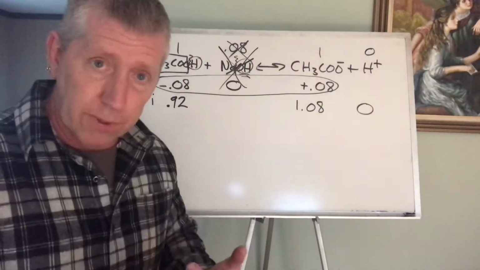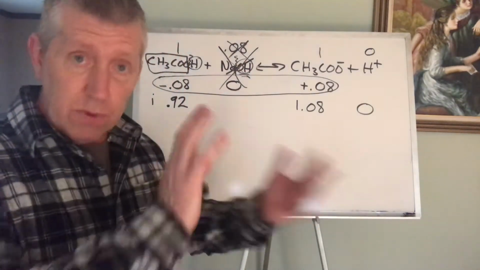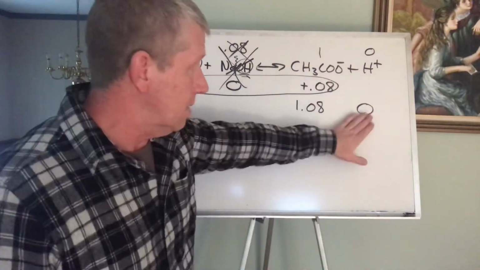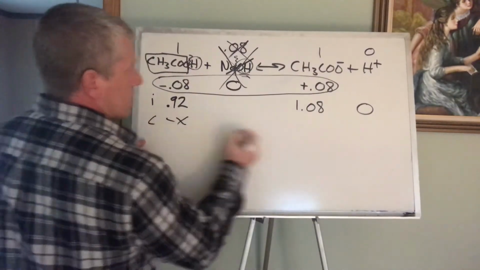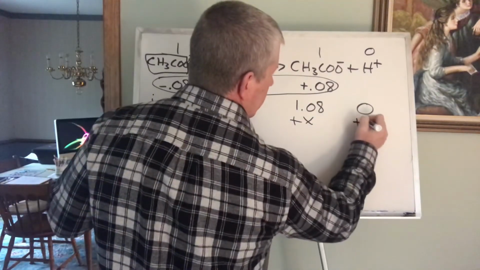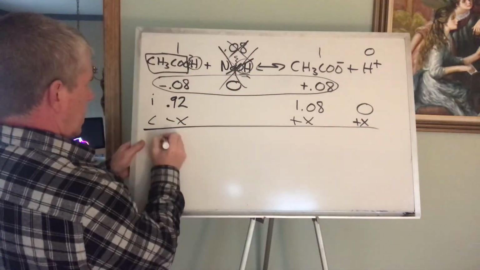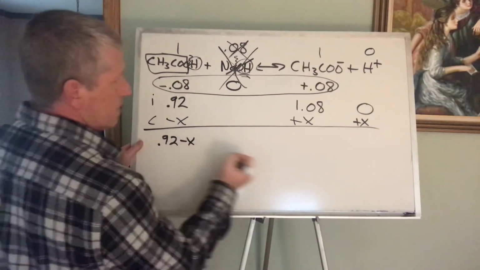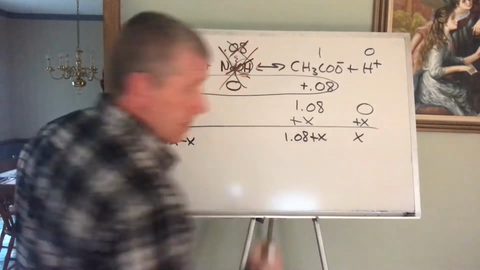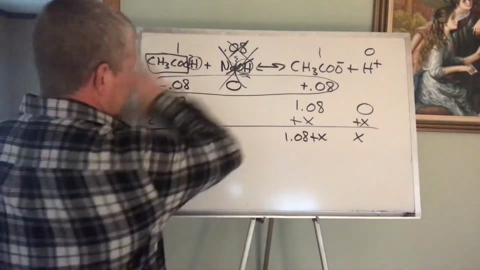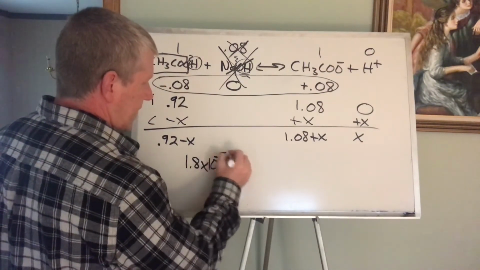Let's go through now, do the ICE chart, do the equilibrium setup, equilibrium Ka, products over reactants, get a value for this, and see where we are with our pH. Change: negative X, positive X, positive X. I like putting the line, so 0.92 minus X, 1.08 plus X, X. The Ka of acetic acid is 1.8 times 10 to the negative 5.